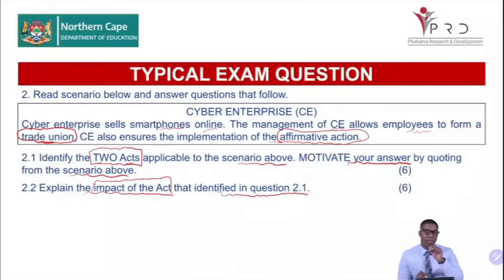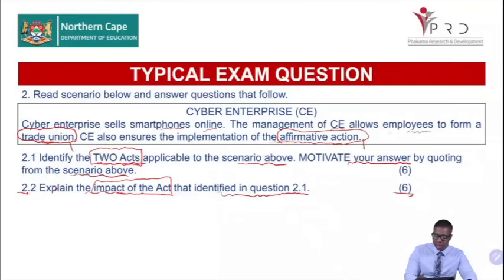So if you fail to identify correctly from the scenario, then you put yourself at risk of losing the 6 marks in 2.2, because the impact should be based on the act that you have identified in question 2.1. Now, let us look into the solution, especially because we have encircled our keywords.